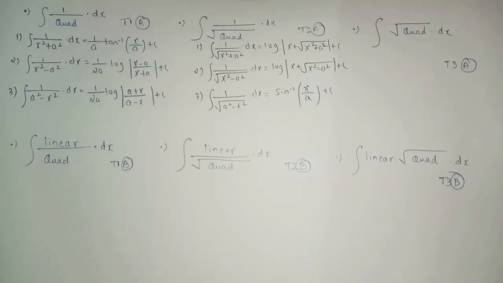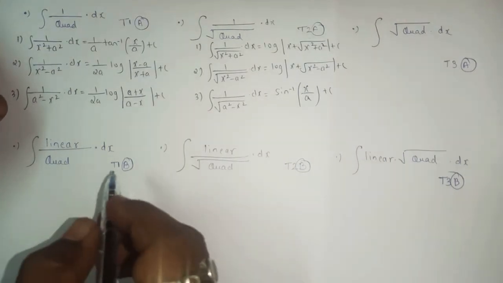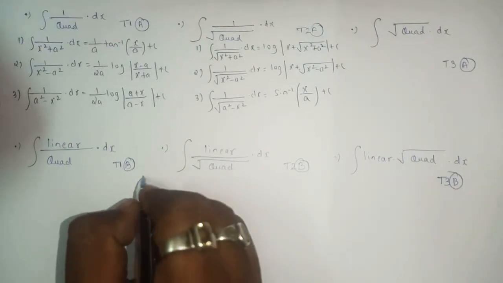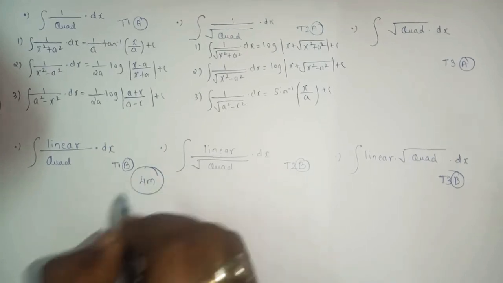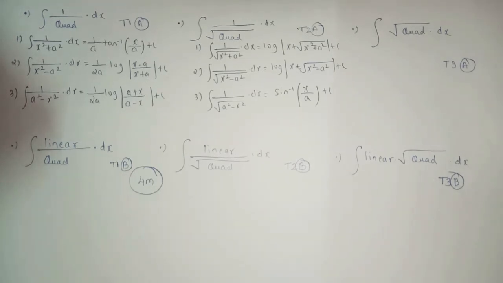We'll see what exactly linear upon quadratic is, how to frame it and how to find the answer. This type is a very important sum. It carries 4 marks. It is a proper 4 mark sum and it is very easy, but the sum is a little lengthy. So don't worry about the length of the sum, just focus on the steps, try to follow the steps and everything will be easy.